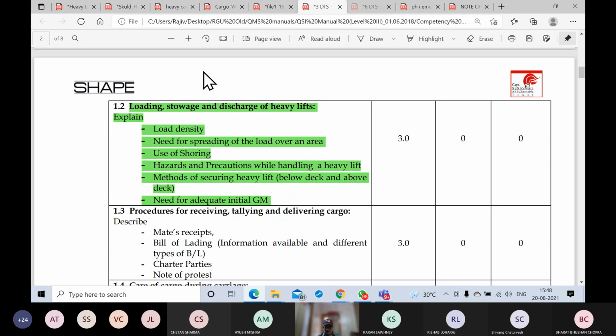So if you do not have adequate initial GM, while lifting cargo you can end up with negative GM, which can mean that you can even have a negative initial moment, a capsizing moment. Tell me, did you understand or not? Understood, sir.